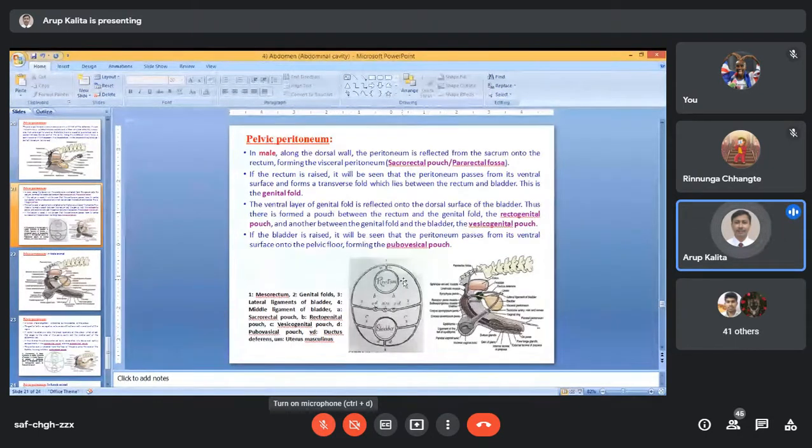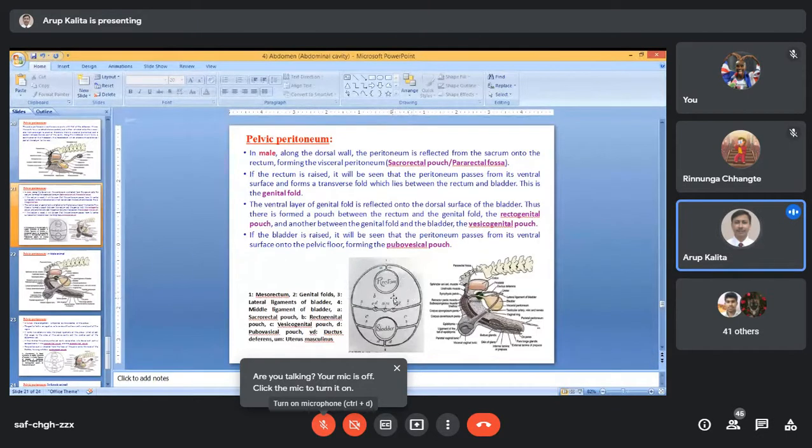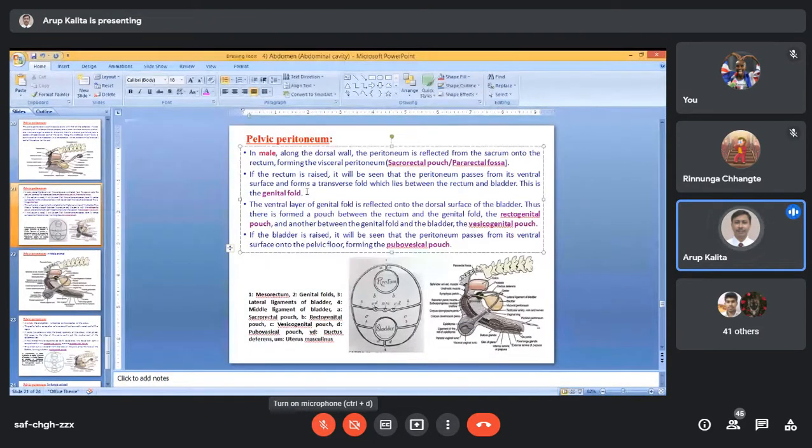So A is the sacrorectal pouch, B is the rectogenital pouch, but here there is a completely separate structure between the rectum and the bladder, and that fold is known as genital fold. Where do you find genital fold?